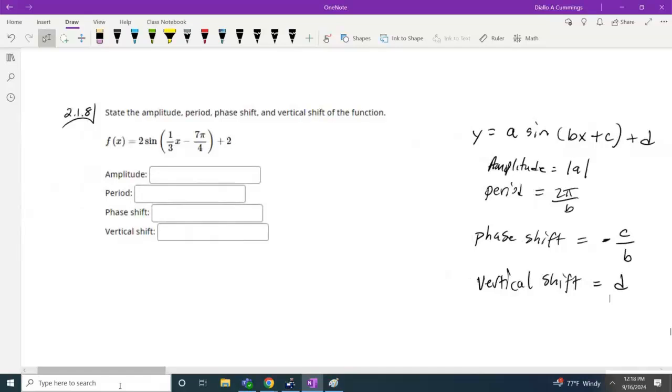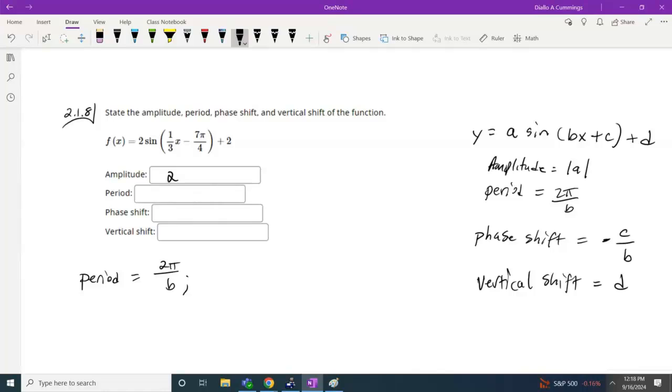So comparing that with our problem, what's going to be the amplitude? 2, right? What's going to be the period? Well, the period is 2 pi over b.